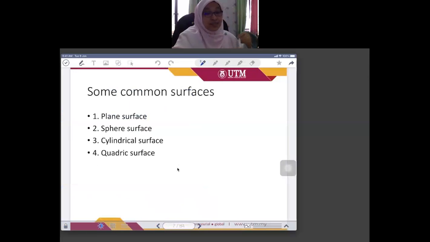So what are the surfaces that you have to sketch in this course? For your information, surfaces are not easy to sketch by hand. So the surfaces that we will sketch are just simple equations or simple surfaces. Maybe we just need some modification, just to make it harder.